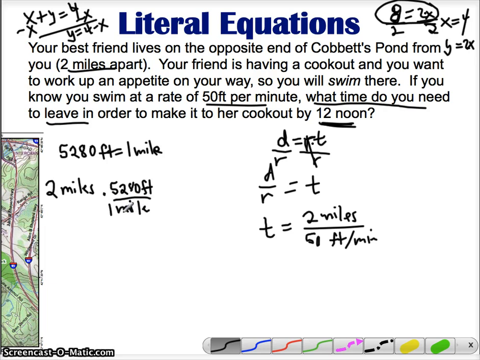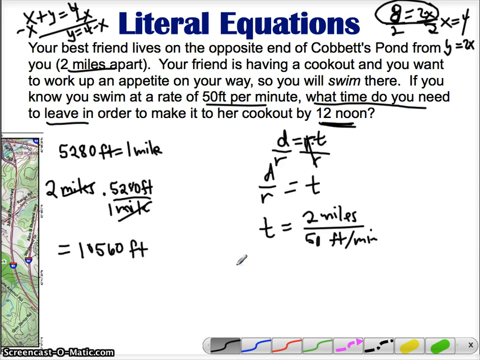This is what's called unit conversion, okay? The miles cancel. We end up doing 2 times 5,280, which equals 10,560 feet.